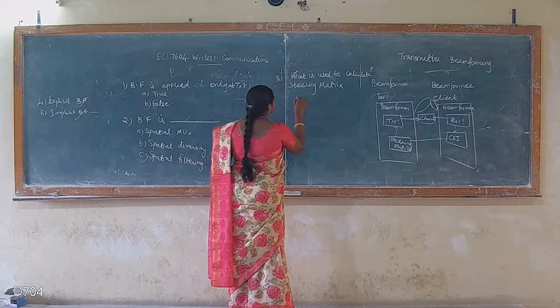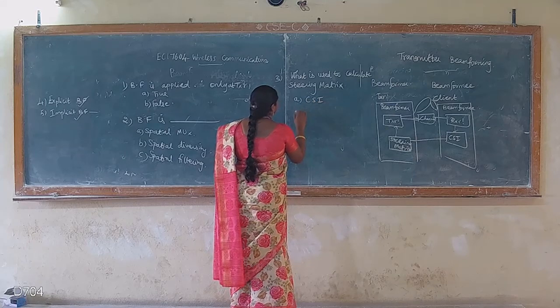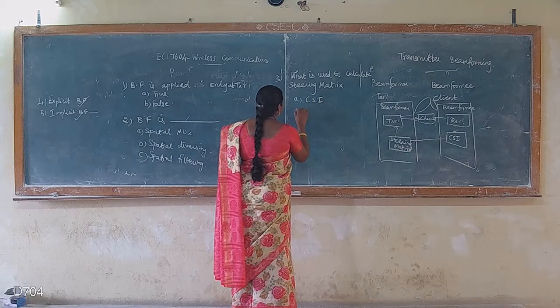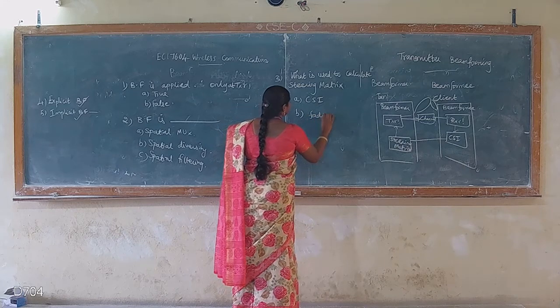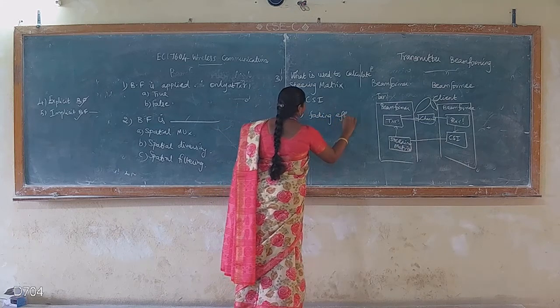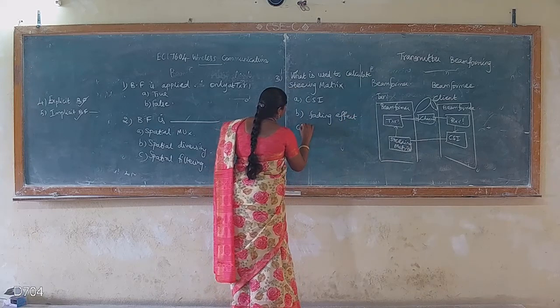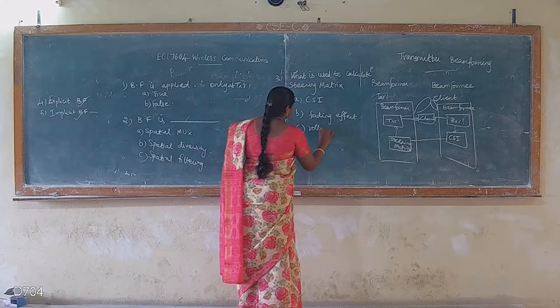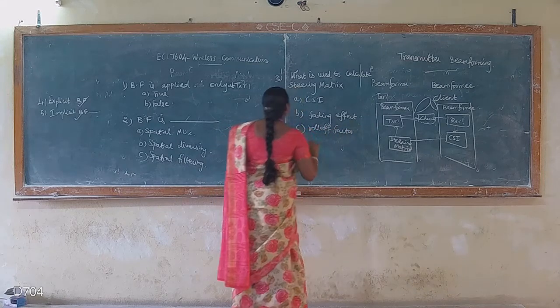One is the channel state information, the second one is the fading effect, and the third one is the roll-off factor.